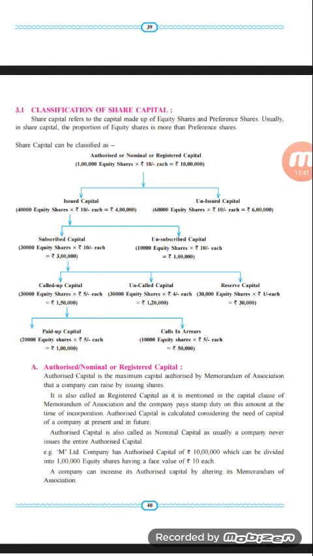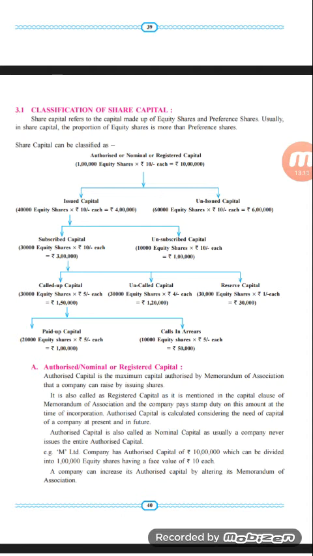Okay, so in paid up capital, how many shares in total were issued by the company? 30,000. But in the paid up capital, only 20,000 equity shares of rupees 5 have been paid. The total number of equity shares was 30,000. On 20,000 equity shares the company has managed to get rupees 5, and on the rest 10,000 equity shares the people have still not made the contribution.